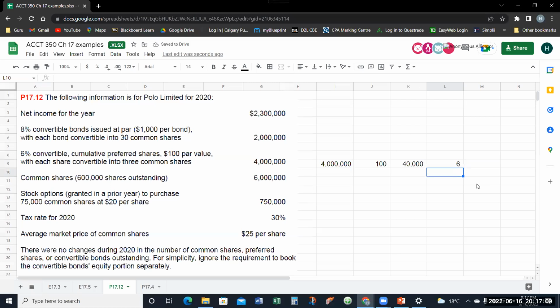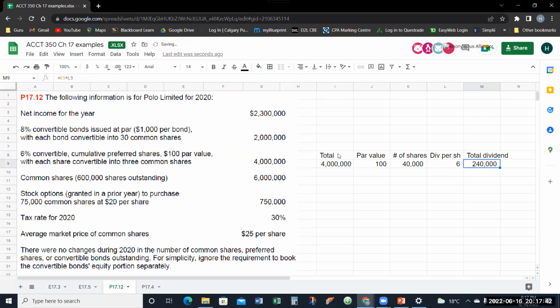So what is 1 year's dividend? 40,000 shares times 6, 240,000. Okay, so total par value, par value per share, number of shares, dividend per share, total dividend.